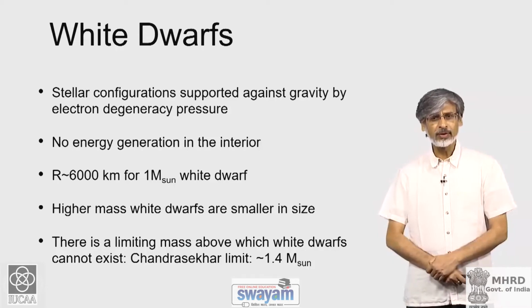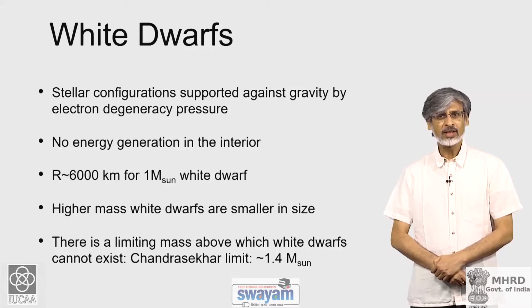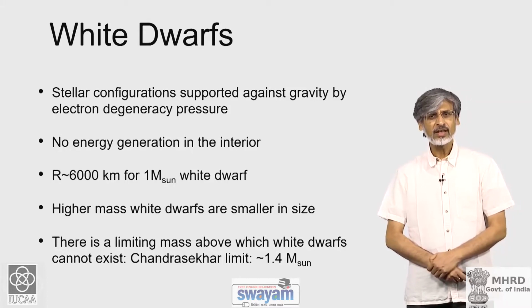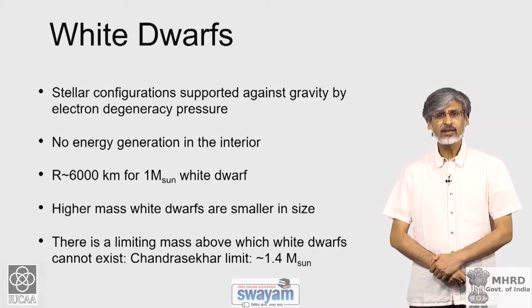As you would recall from the previous module, this mass limit was derived using pure degeneracy pressure as the support against gravity and using the Newtonian approximation of the hydrostatic equilibrium equation.